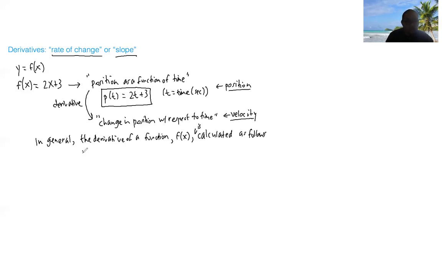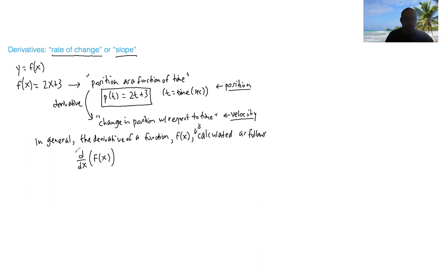And so the notation is this: the derivative with respect to x. So we're taking the derivative with respect to x of our function f of x.